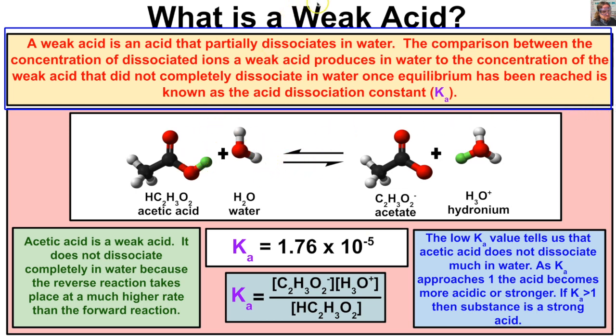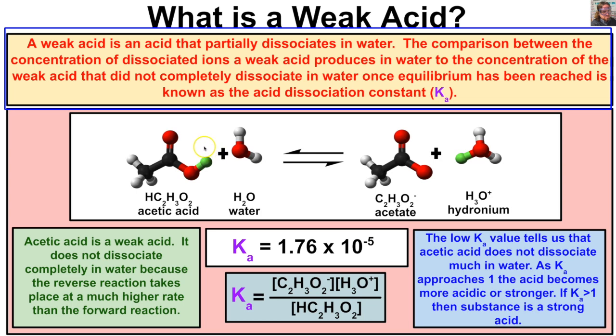Well, let's take a look down here at what's happening. We have acetic acid, and we know that acetic acid is a weak acid. From an earlier video, we learned about the 6 or 7 strong acids and how everything else is going to be a weak acid. So we have a weak acid right here, and when we put this in water, it's going to partially dissociate.